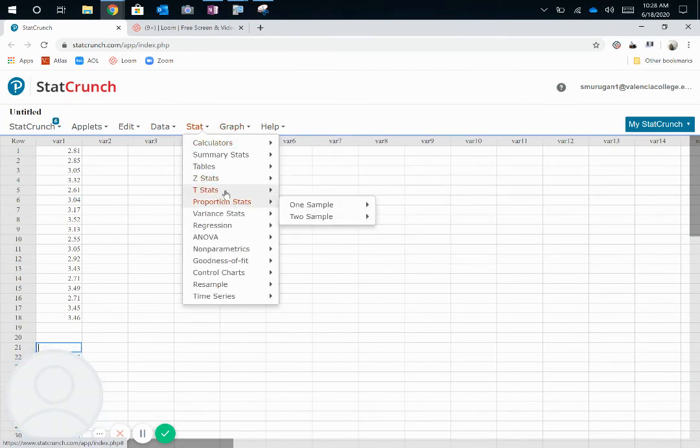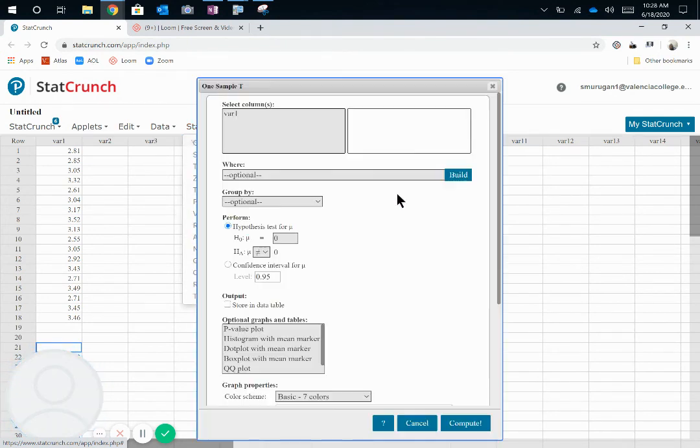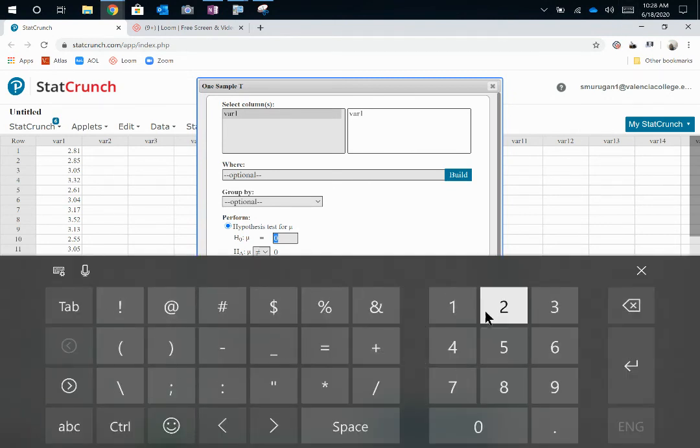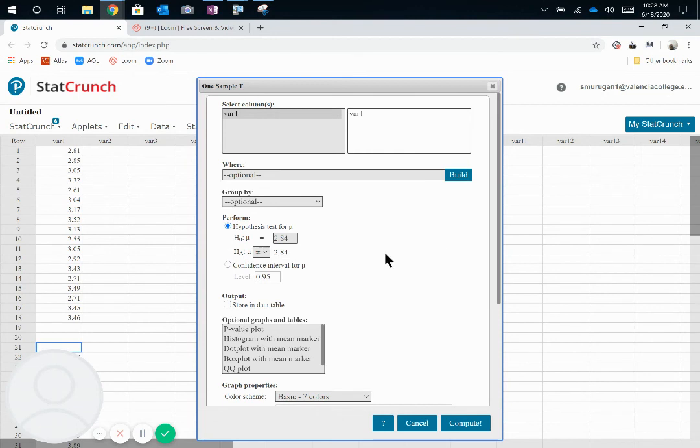Stat, T Stat, One Sample with data, var 1, and we're doing a hypothesis test now for 2.84. Notice it automatically puts in the not equal to 2.84. Compute it.